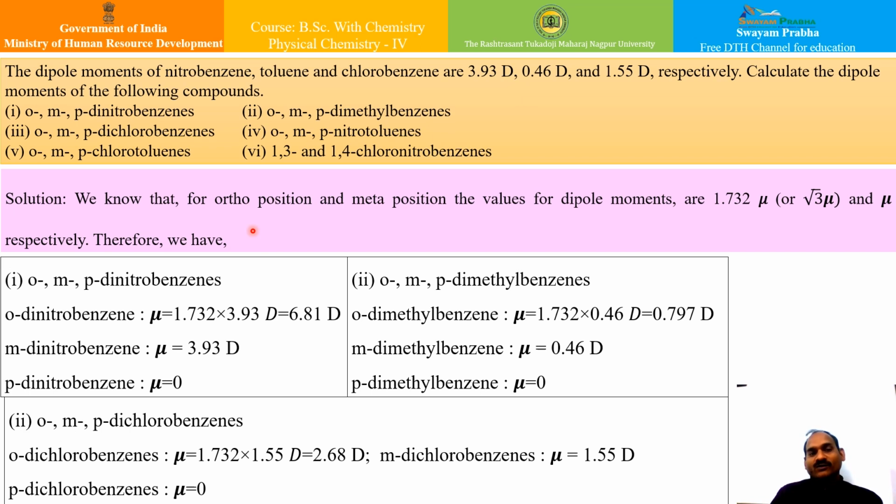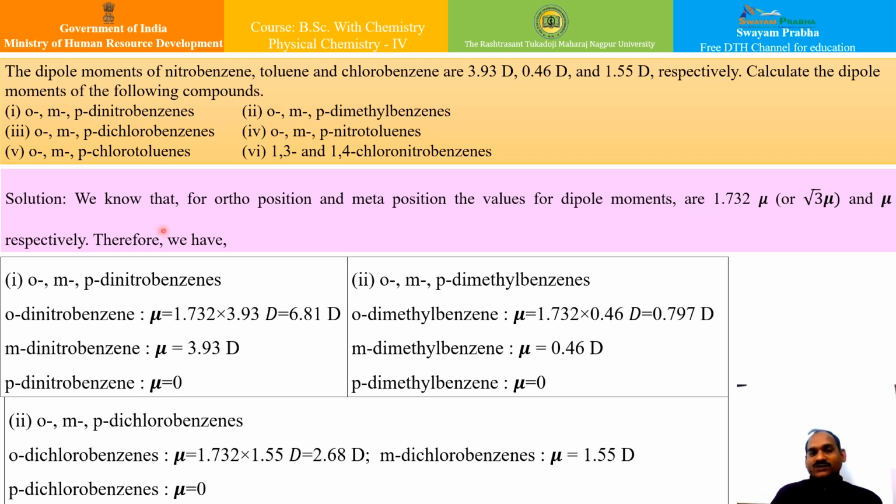Okay, so now let us first start with the ortho meta para dinitrobenzenes. We know that for ortho position and meta position, the values of dipole moments are given as 1.732 mu, or square root of 3 mu, and mu respectively.